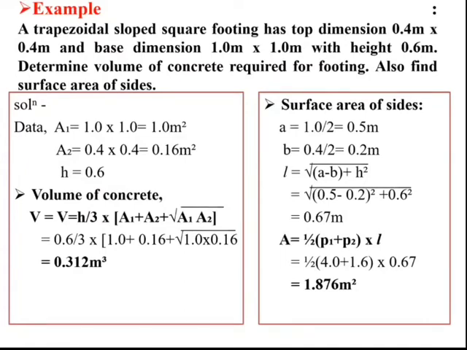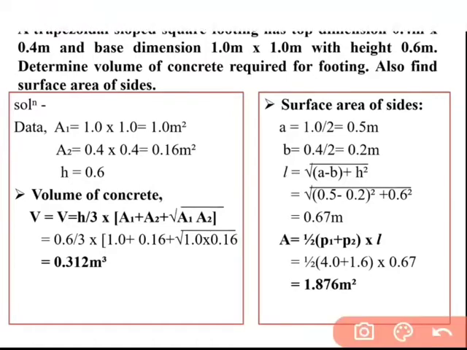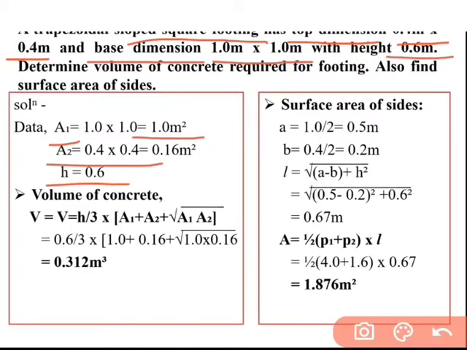Now next, an example of frustum of pyramid. A trapezoidal sloped square footing has top dimension 0.4 meter multiply 0.4 meter, that is A2 is equal to 0.16 meter square, and base dimension, that is A1, 1.0 meter multiply 1.0 meter, so 1 meter square, with height 0.6 meter, that is small h is equal to 0.6 meter.